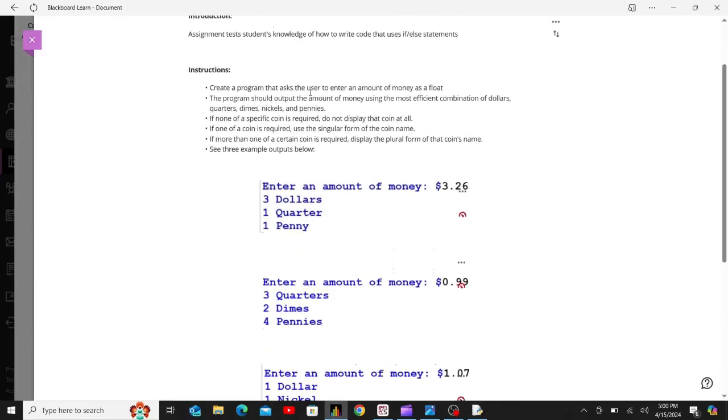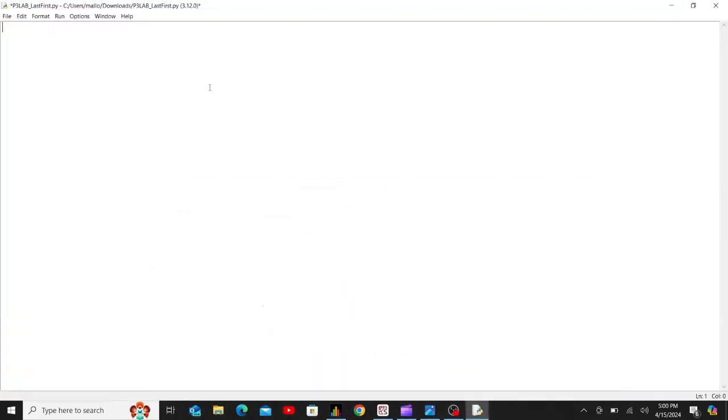Alrighty, first things first, if we look back at the instructions, we have to ask the user to enter an amount of money as a float. Let's do it. We are going to come into our code, and if we're asking the user to give us some piece of information, we're going to have to create a variable to save that information in. All right, so I'm going to call it change, the amount of money that we need to make the change for.